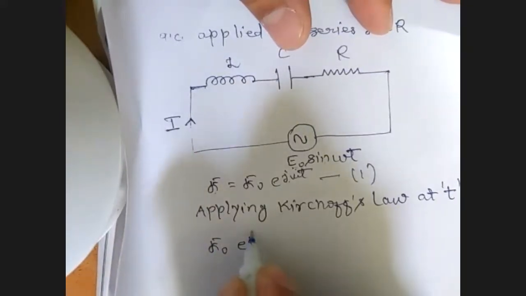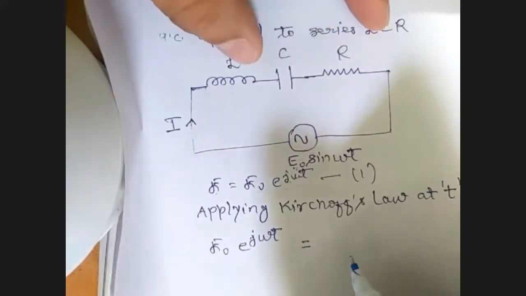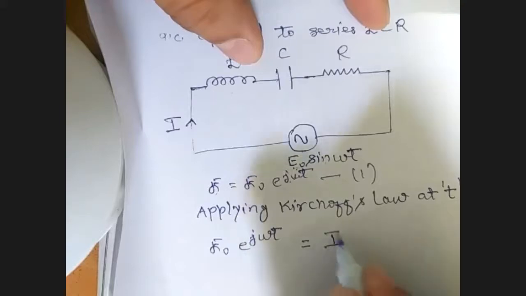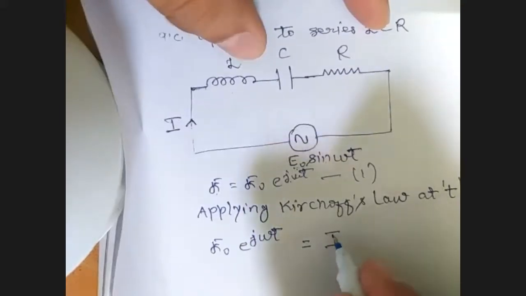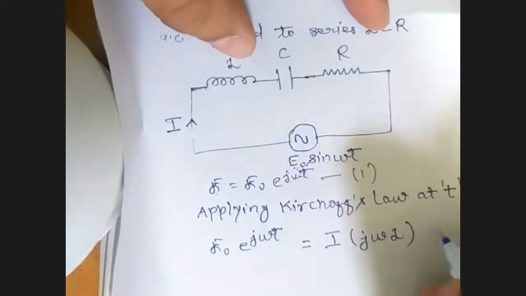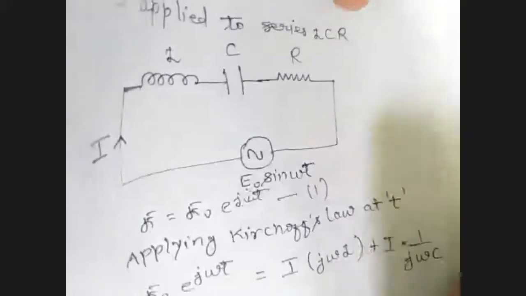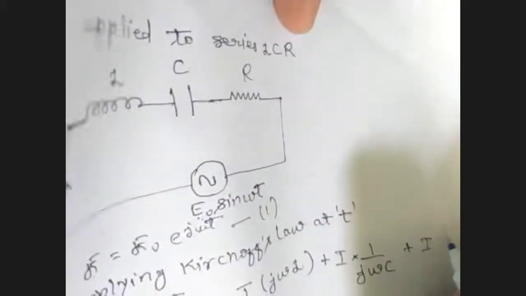E0 e to the power j omega t will be equal to the potential drop across L, that is I times the resistance of L, that is j omega L, plus I times the resistance across C, that will be complex, that is 1 upon j omega C, plus I times the resistance across resistor, that is IR.